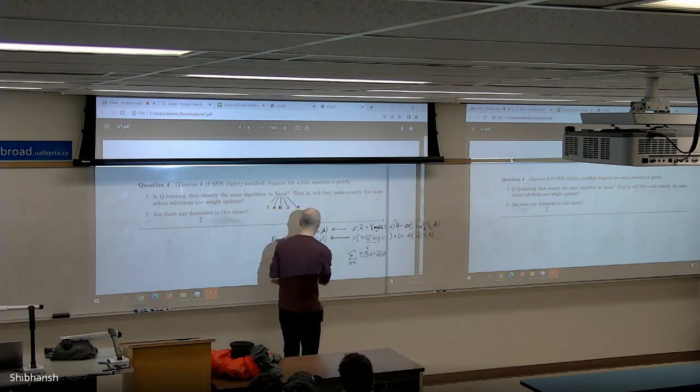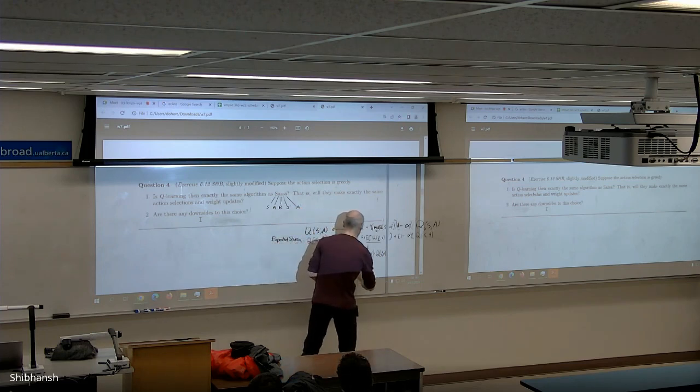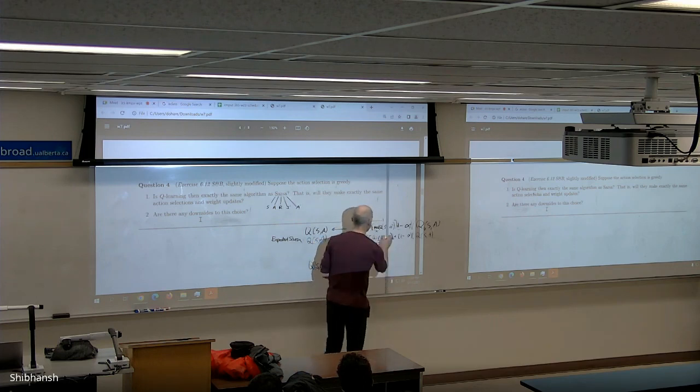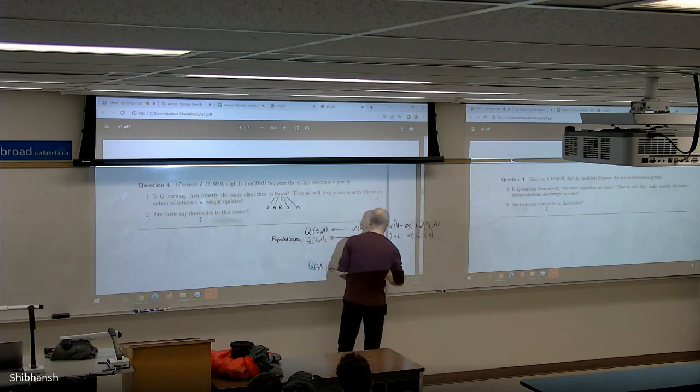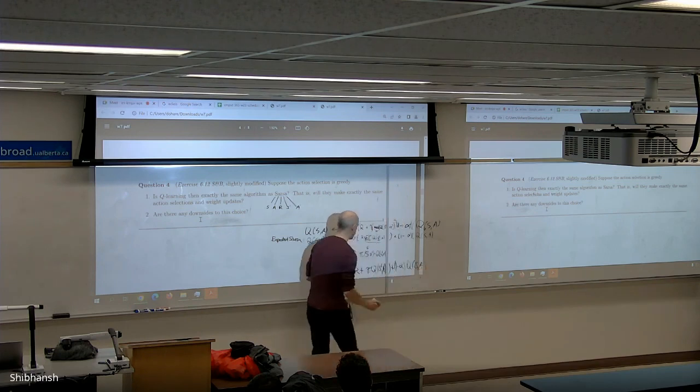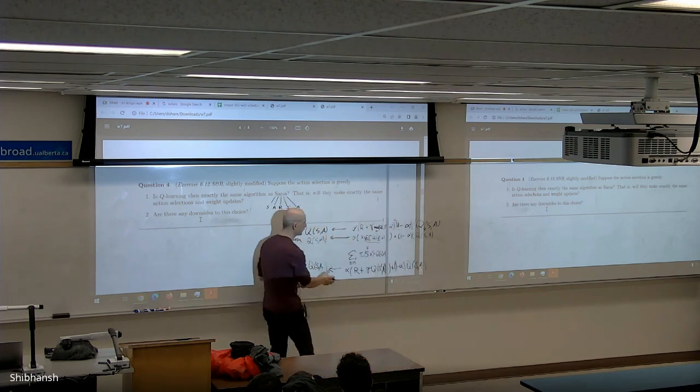And the SARSA algorithm is lazier. So it does the same. Okay, gamma. And then here, no max, no nothing. It's Q, S prime, A prime, plus 1 minus alpha, and Q, S, A. All right, so see the difference?